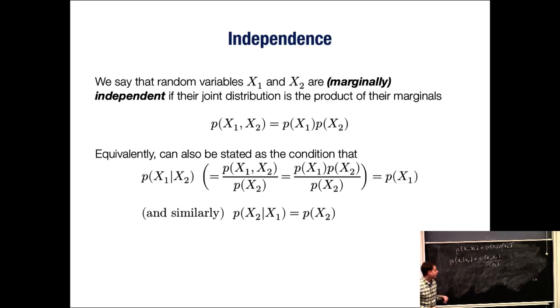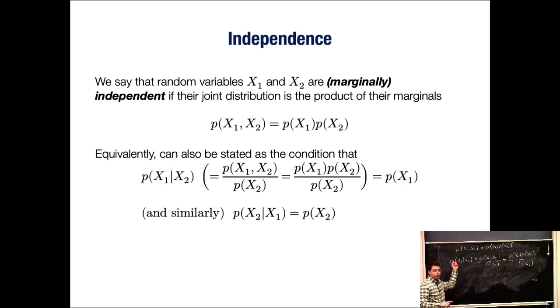Now we're going to use independence here: probability of x1 times probability of x2 over probability of x2. And of course, these two terms cancel, so you're just left with x1. Just to be clear, these are equivalent statements.